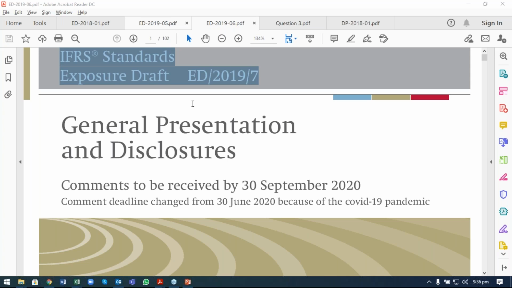NRV and fair value less cost to sell are the same thing, or selling price minus cost to sell is the same thing. You need to identify that there is a difference between fair value and NRV. So these are two different ideas, right? But if you are asking about fair value less cost to sell or NRV, it's actually the same thing.